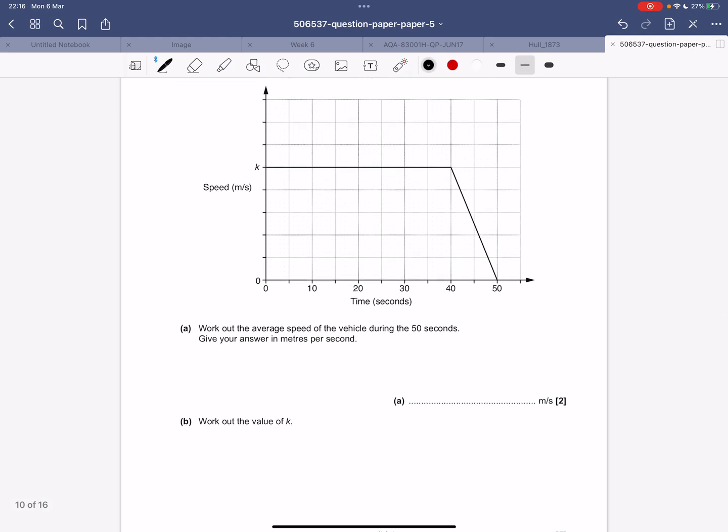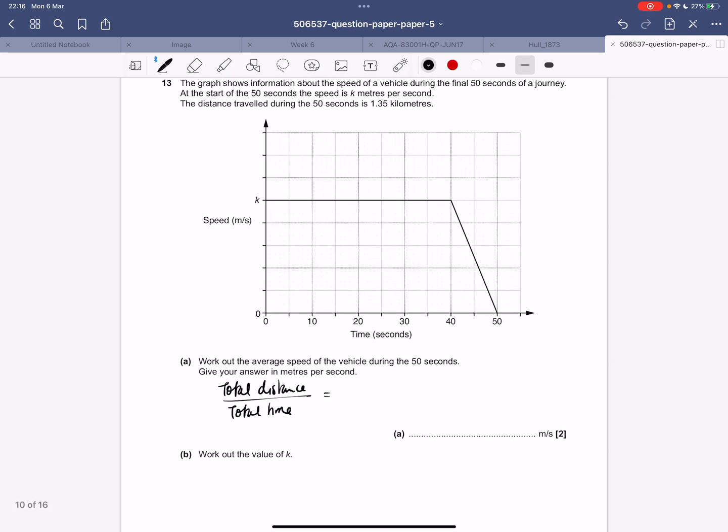The average speed is the total distance divided by the total time. Total distance is 1.35 kilometres, and that is 1,350 metres. 1,350 divided by 50 is 27.